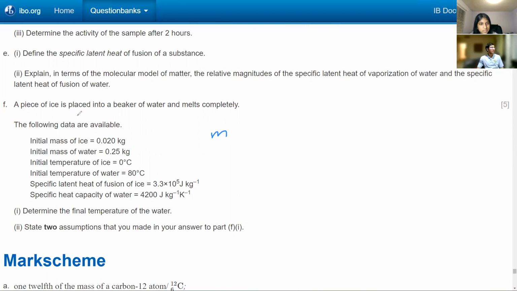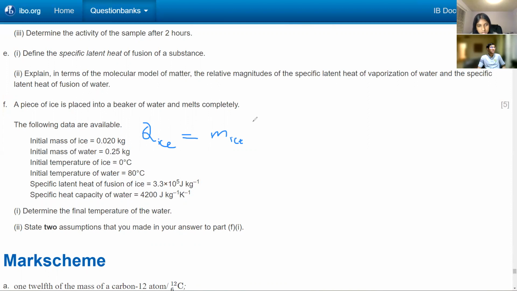So the ice is placed into a beaker of water. First, let's deal with the Q ice. First, it's going to melt, so latent heat. It's already at 0, initially at 0, so never mind.